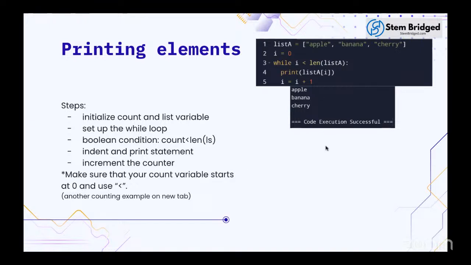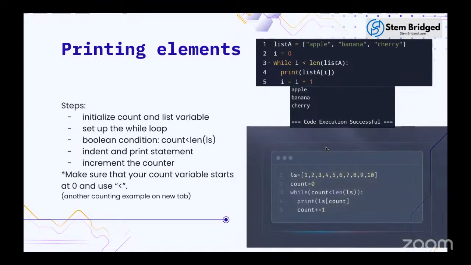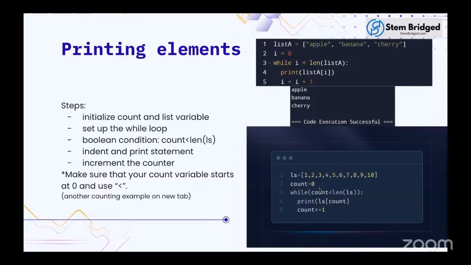So that's what it will print. Here's another example. This should return an error, but when you add a parenthesis here, it will print 1, 2, 3, 4, 5, 6, 7, 8, 9, all the way up to 10.